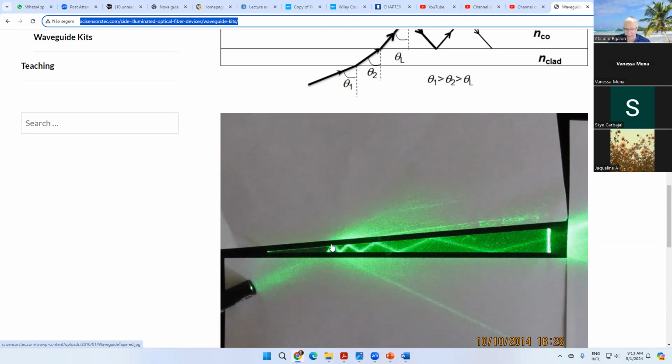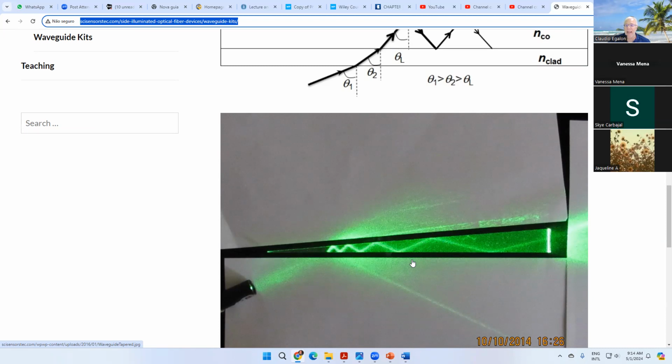It refracted, and because the angle is not steep enough, there will be some of the light escaping this plastic wedge. But then it comes to a point that no light escapes anymore. Brighter here, less bright, less bright, until the light becomes the same intensity.